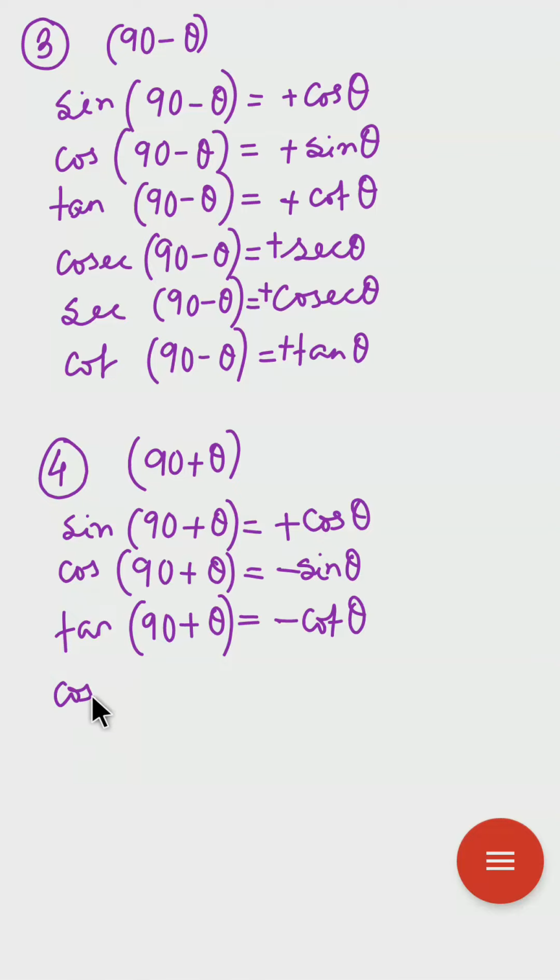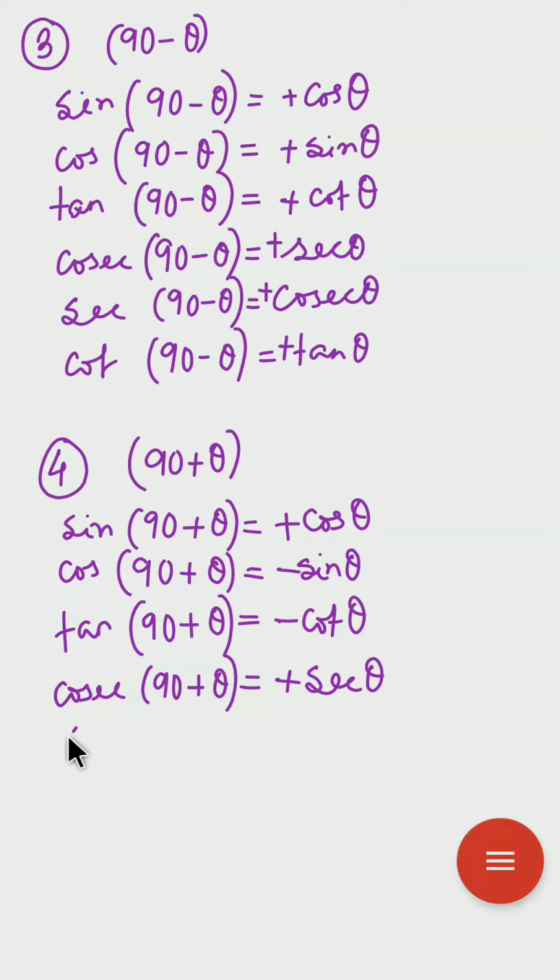Similarly, cosec 90 plus theta is equal to angle in the second quadrant. In the second quadrant, cosec is positive because sine is positive. And it is an odd multiple of 90. So cosec changes to sec theta.